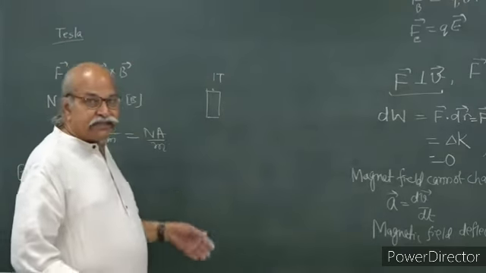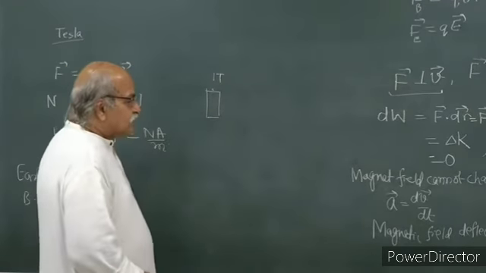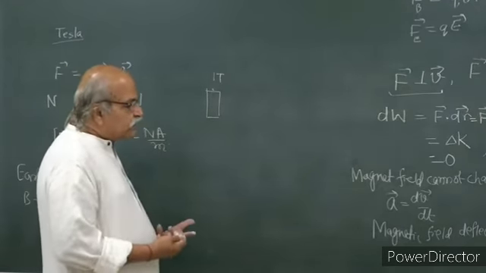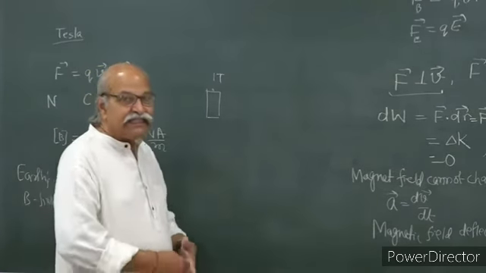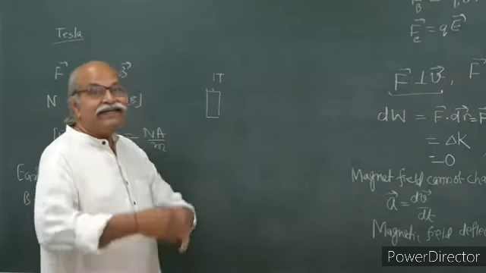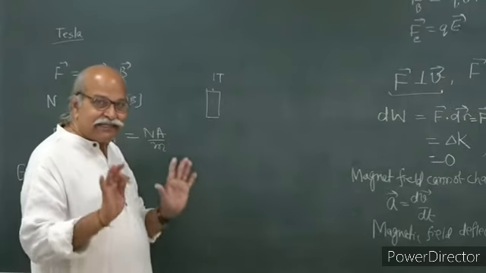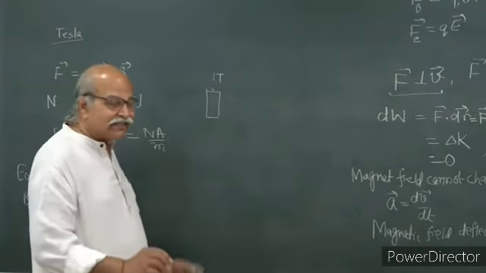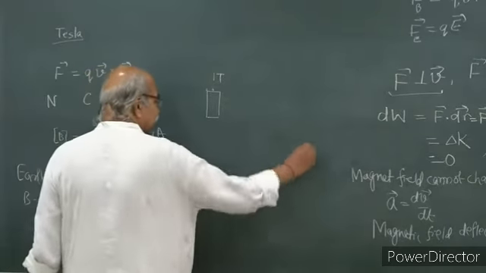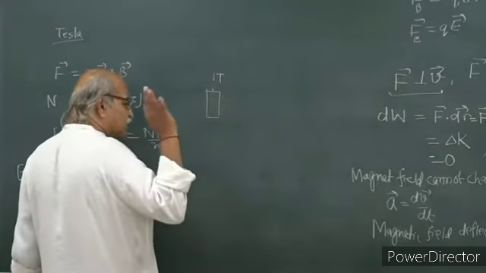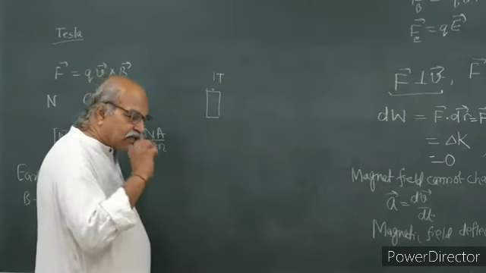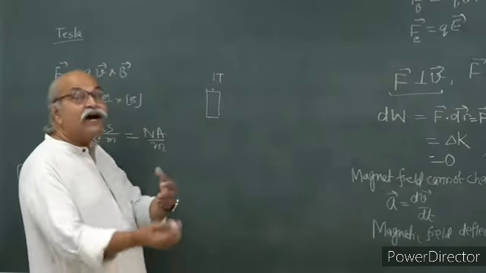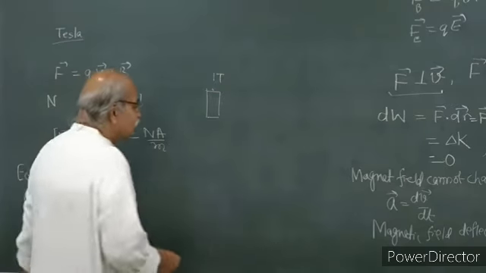So, our next task will be how is the motion of a particle if it is given an initial velocity in a pre-existing magnetic field. We have some magnetic field created by some currents, and then we start a charged particle in that field, and then onwards how it moves.